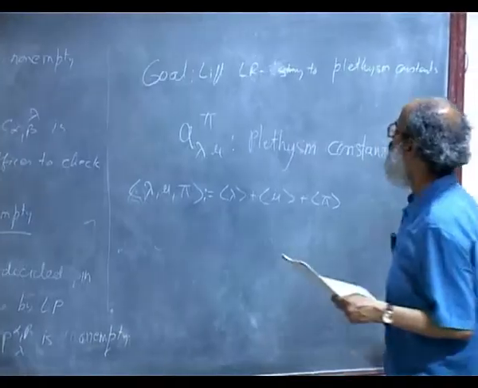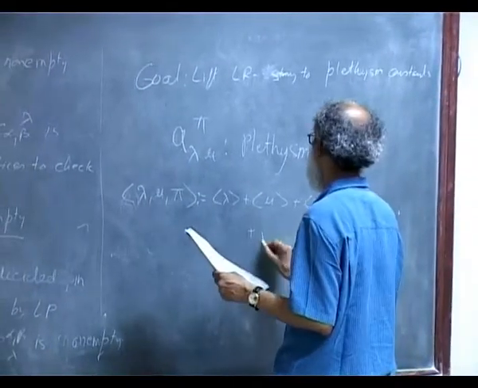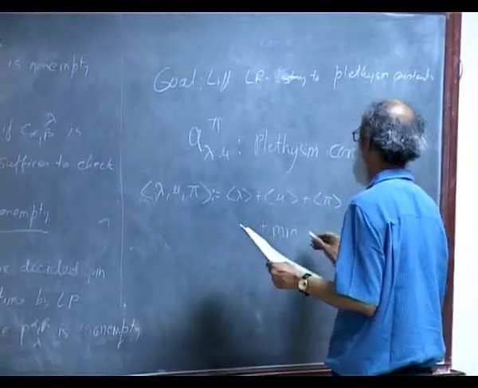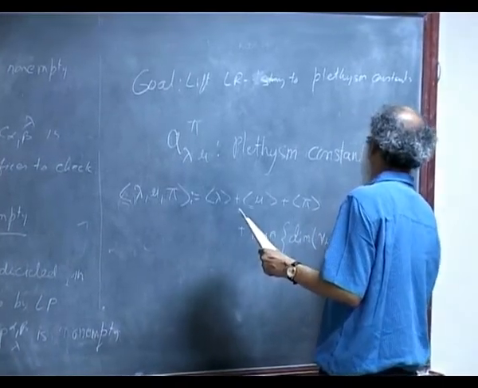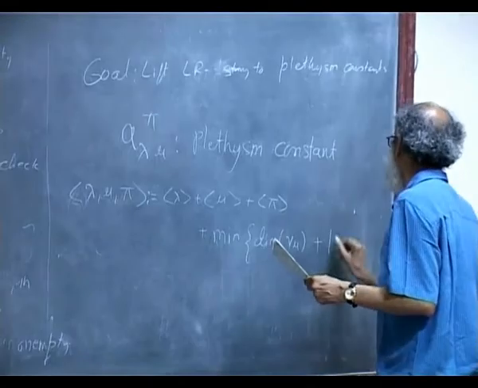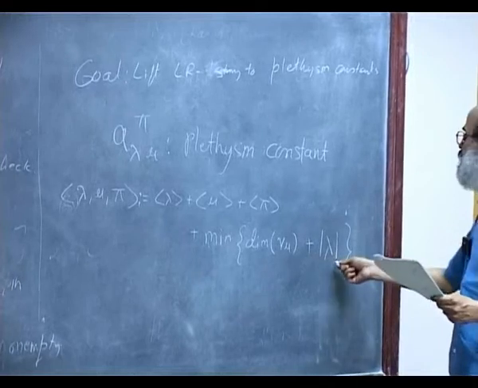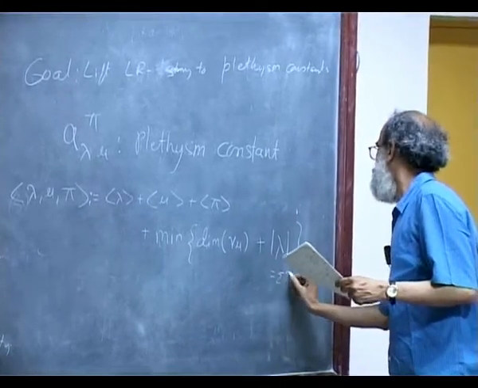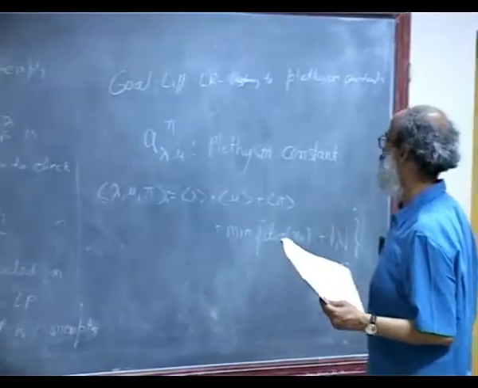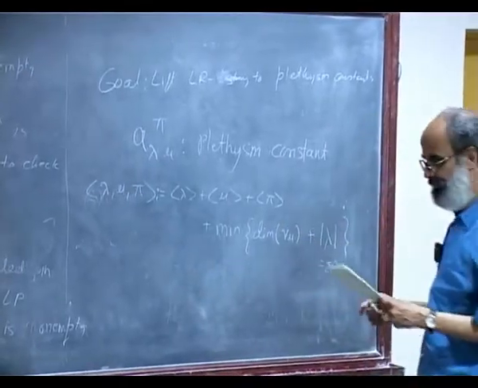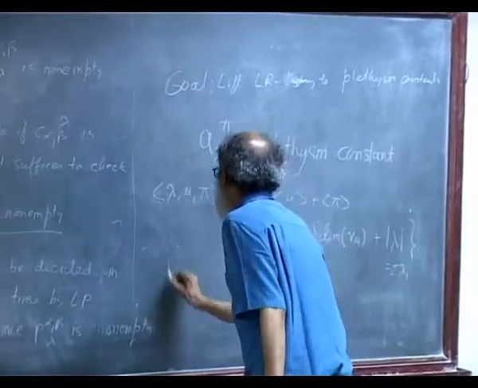Actually, ideally it should have been just this, but for some technical reasons it has to be more than that: the minimum of the dimension of V_mu plus the total size of lambda. By total size you mean the summation of lambda_i. Okay. We define the bit length of specification that way, and the reason we define it like that is Kumar's formula.